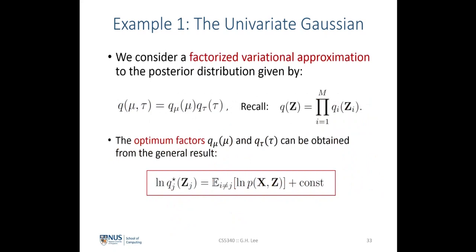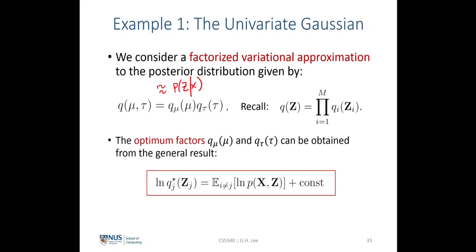We'll consider a factorized variational approximation to the posterior distribution. So as mentioned earlier, we'll use the mean field theory or the mean field approximation in order to approximate our target distribution of z conditioned upon x here.